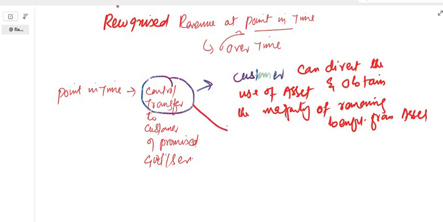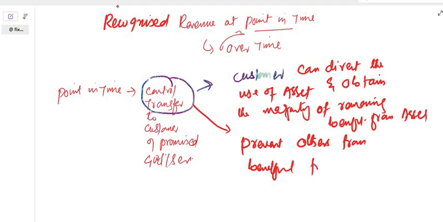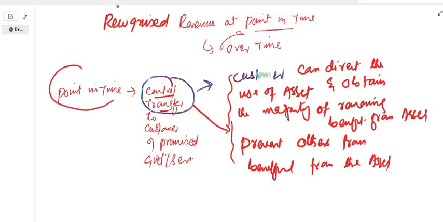Another thing that will indicate that control is transferred is that the customer can prevent others from benefiting from the asset. So if you see these indicators, then it means that the control is transferred and the revenue should be recognized at a point in time.